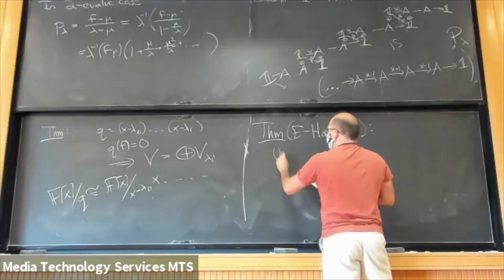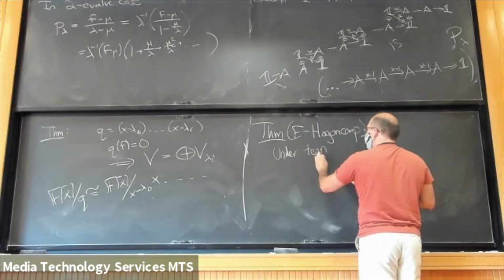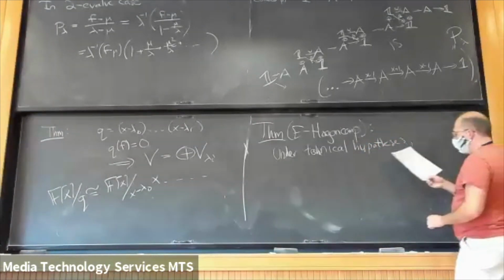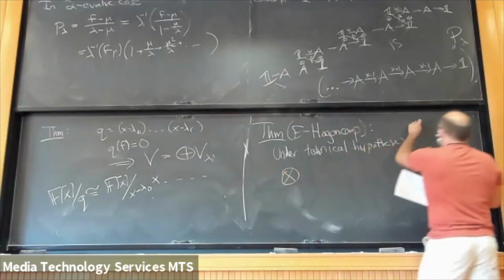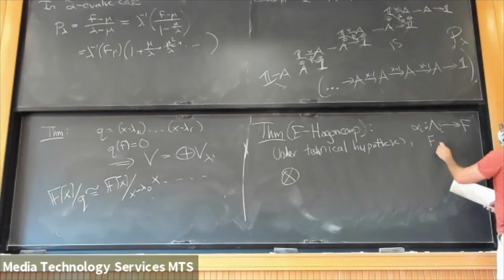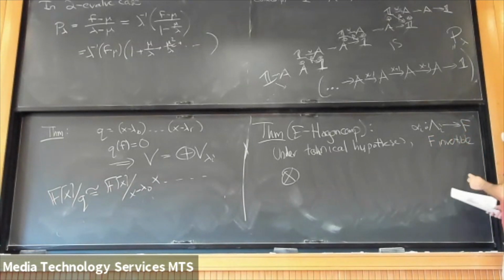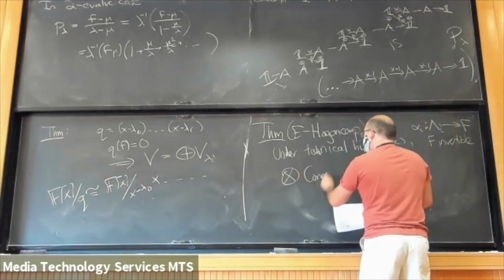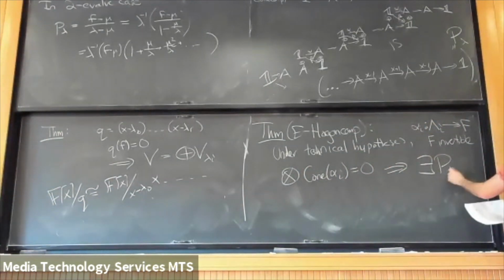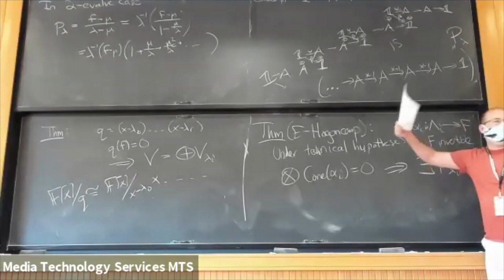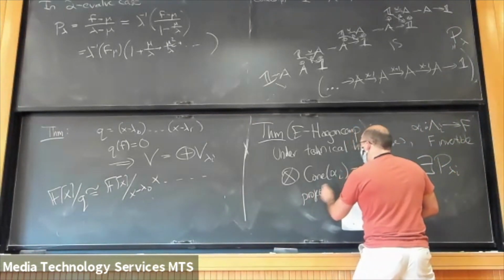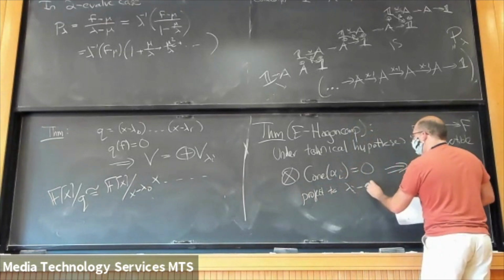The theorem is that under some technical hypotheses, which of course exist, if you have a bunch of maps, alpha i, from a bunch of scalar functors to a functor F, and I'm assuming that F is invertible, because otherwise you don't know how to crank this machine, and the tensor product of these cones is 0, then you can construct these infinite complexes built up out of copies of F and all these various different shifts, which project to the lambda i eigencategory.